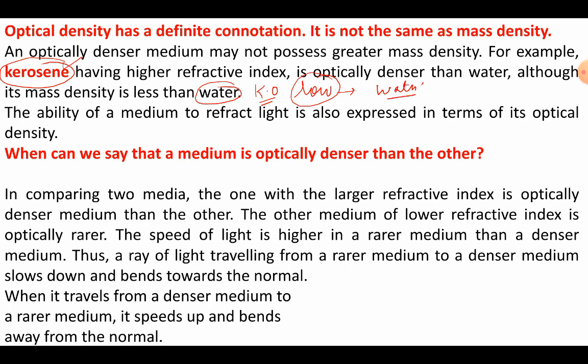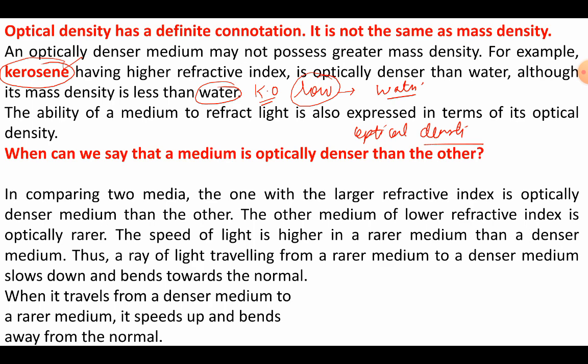But when we move on to optical density, it is the opposite. The optical density of kerosene oil is greater than that of water, and we all get to know it from the values of the refractive index. If you all check your NCERT on page number 175, there is a table for you.